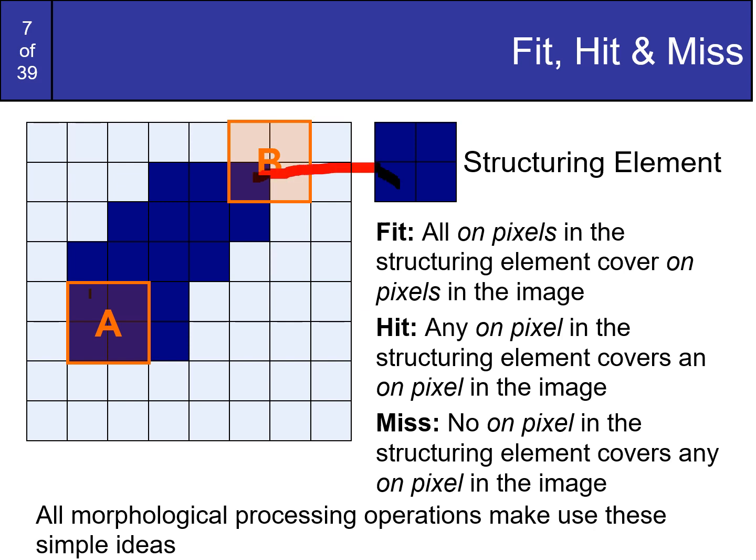So one is being covered by the structuring element, so this is a hit. We need at least one, can be two, can be three, but not all four. So if 1, 2, or 3 are covered by the structuring element, this is called hit.